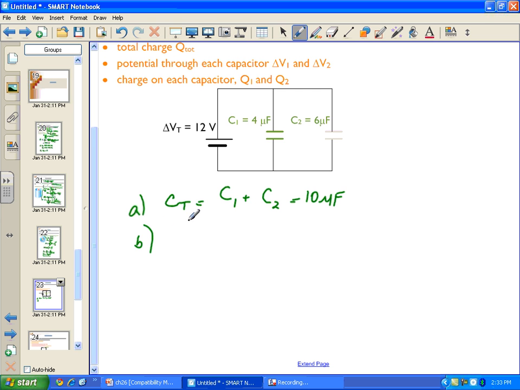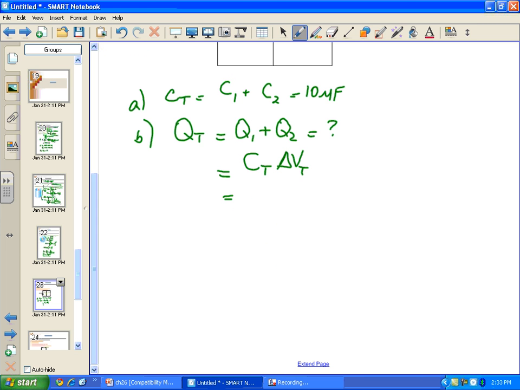Part B asks us to determine the total charge of this arrangement. Well, if we knew Q1 and Q2, we could add it up and get the total charge. Since we don't know the charge on each individual capacitor, we're going to make use of the expression that C total, which we now know, times delta V total, which is the potential of the battery, will also give us Q total.